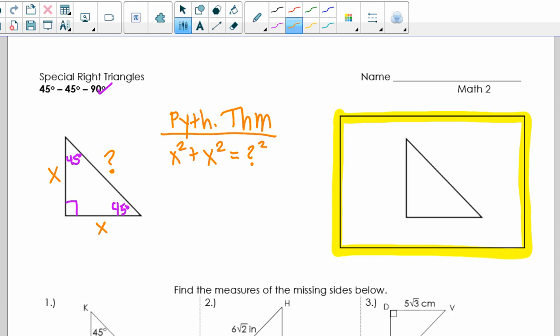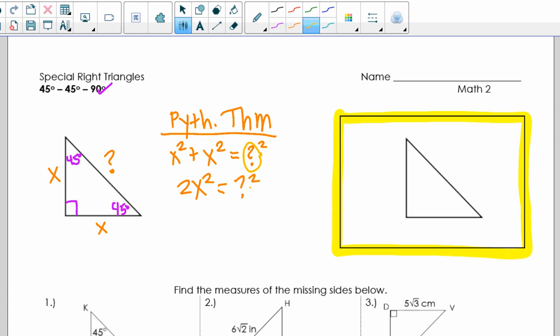I'm looking for that hypotenuse. To solve for that question mark, x squared plus x squared is 2x squared, just combining my terms. And that equals that side I'm looking for squared.